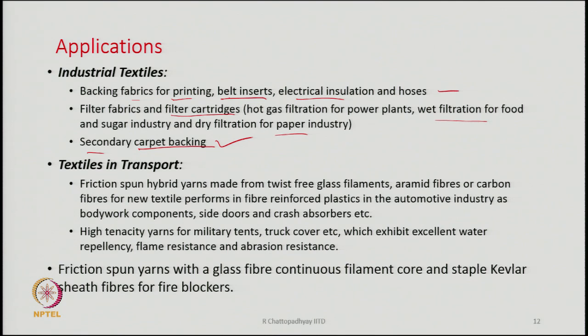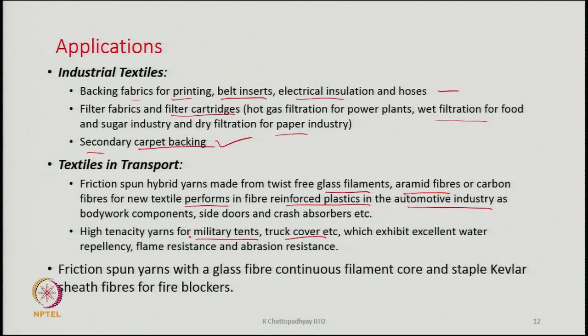Friction spun hybrid yarns made from twist free glass filaments, aramid fibers, carbon fibers for new textile preforms in fiber reinforced plastics in the automotive industry. These are high tenacity yarns for military tents, truck tires. High tenacity, because the filament that we can introduce could be of very high tenacity polyesters or high tenacity nylon.